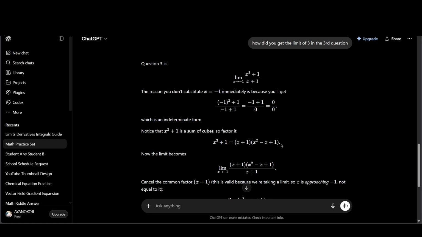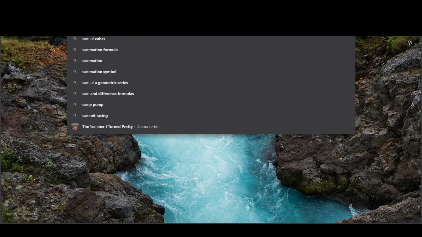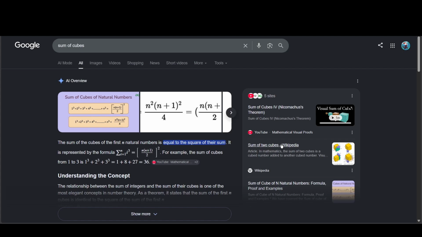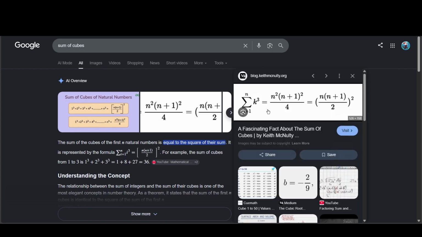Let me just search up what a sum of cubes is. You learn something every day. So you have sum of cubes of natural numbers.